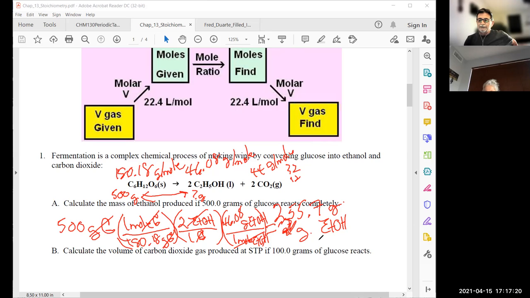So think about it. If you took 500 grams of glucose and you put the material to ferment, you make some strong moonshine: 255.7 grams of ethanol. That's quite a bit of ethanol, really. And you probably have to do a distillation.